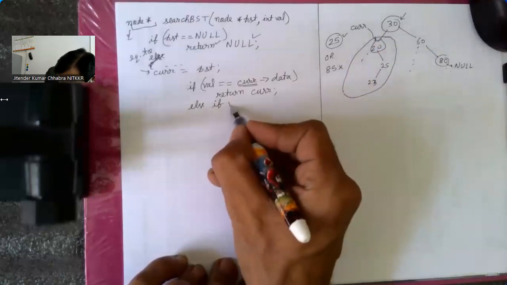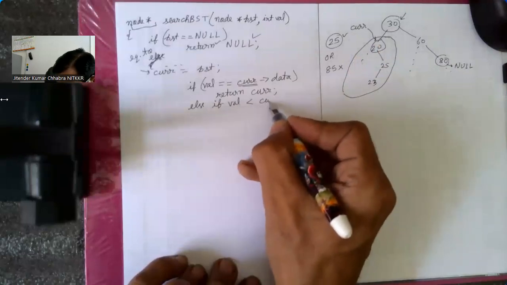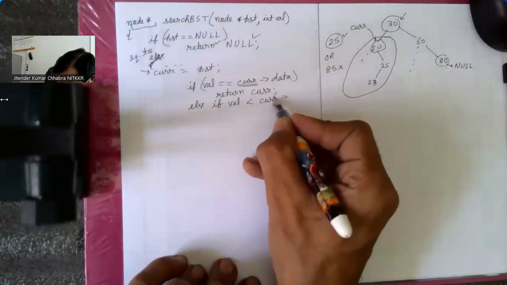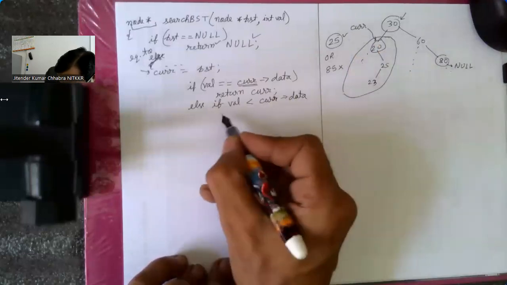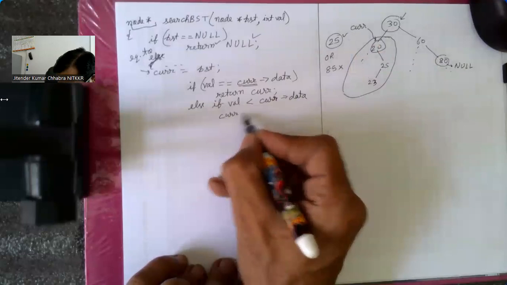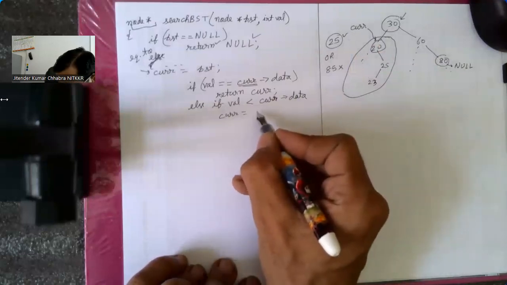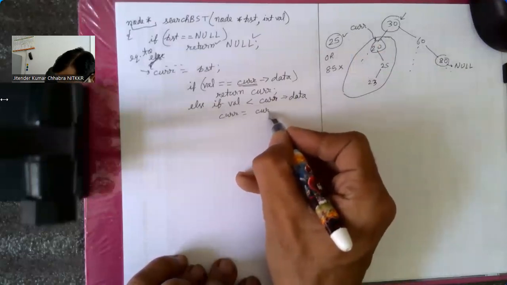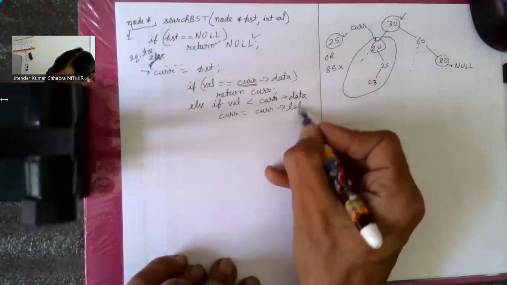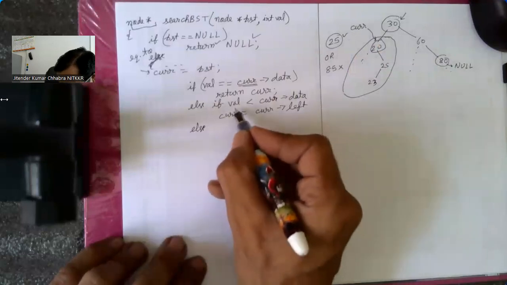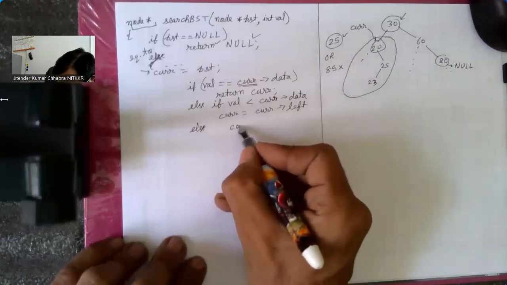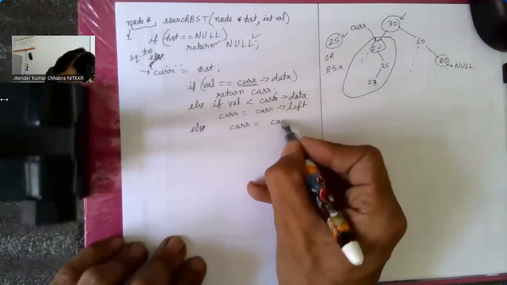So I'll say if val is less than current arrow data, what can you decide? Your current should shift to this, and next time my comparison should be done with this node. So current can become current arrow left. Similarly, else guaranteedly means that val is greater than this, so my current node should become current arrow right.